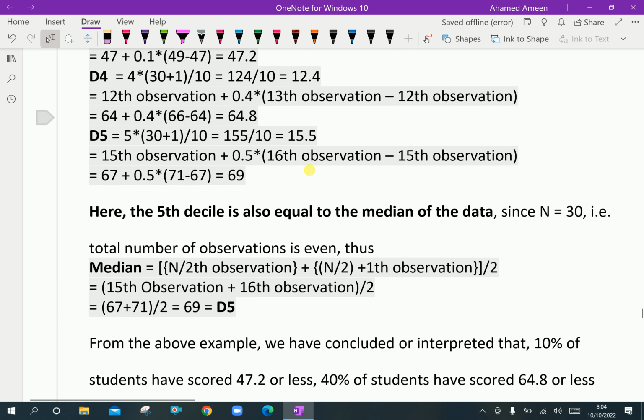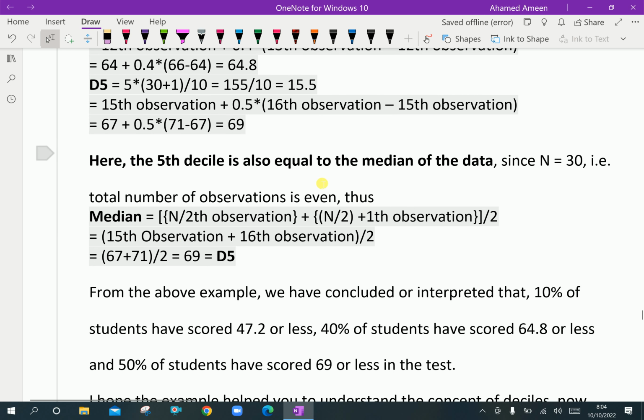Here the total number of observations is even, so the median formula is the n by 2 observation plus the (n by 2 plus 1)th observation, divided by 2. The 15th observation is 67 and the 16th observation is 71, divided by 2 is 69.